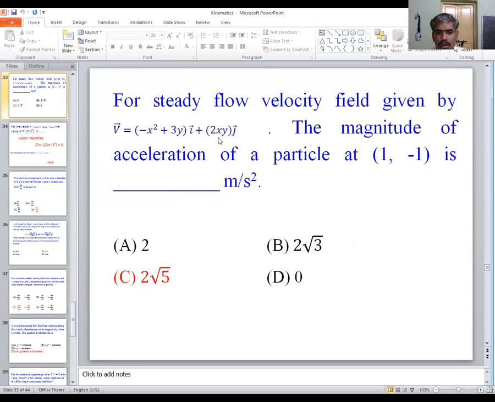It's only in two dimensions, where the u value and v value are given, the x directional velocity and y directional velocity. So you have to find the x directional acceleration and y directional acceleration, then find the magnitude of the acceleration.